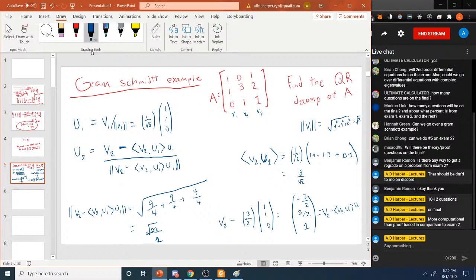Okay, thus we see that U2 here is equal to the vector -3 divided by the square root of 22, 3 divided by the square root of 22, and 2 divided by the square root of 22.